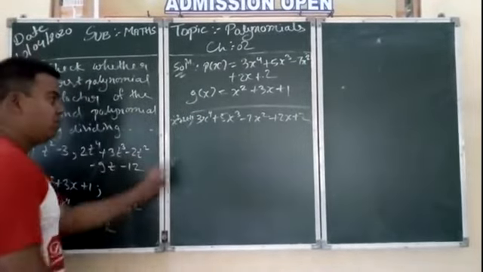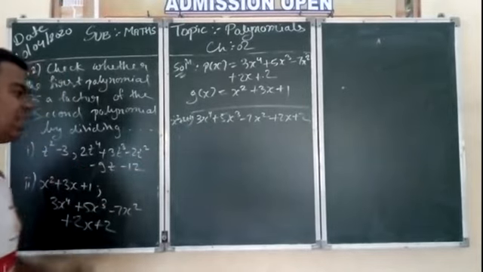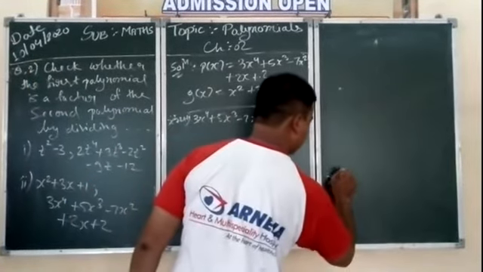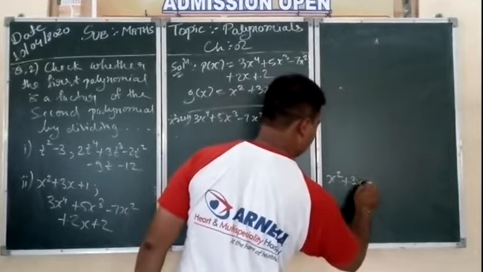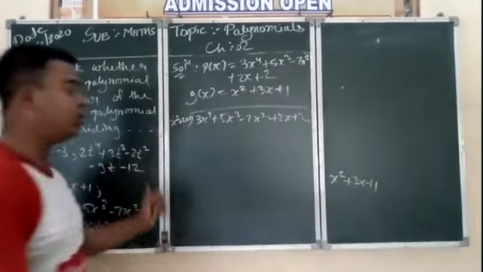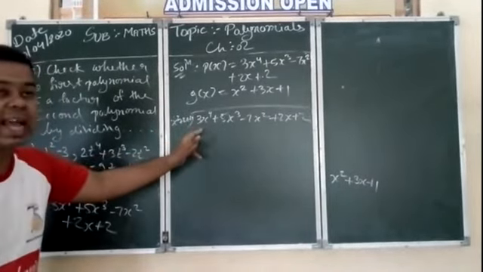We take the first term: x square plus 3x plus 1 is multiplied by which term to get 3x to the power 4?